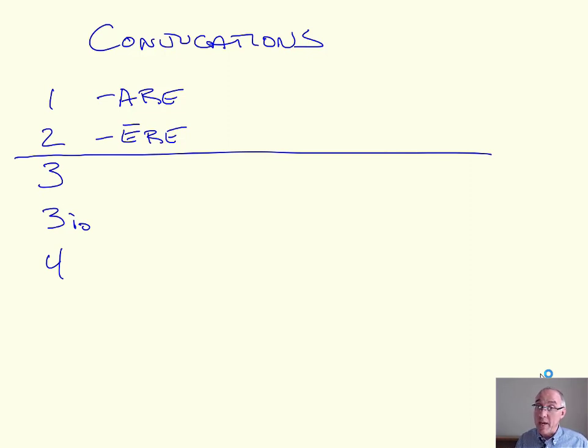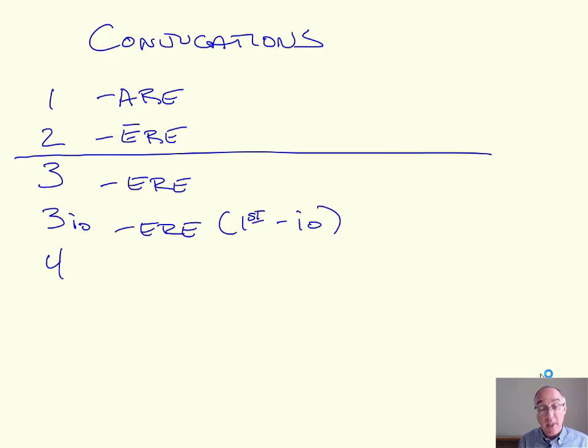That said, some of you may have had Latin, and just for the sake of completing this little chart here, I will introduce that. Short ERE is the sign of the third conjugation, but the first principal part has an IO at the end, and the fourth is an IRE. This is how we group Latin verbs.